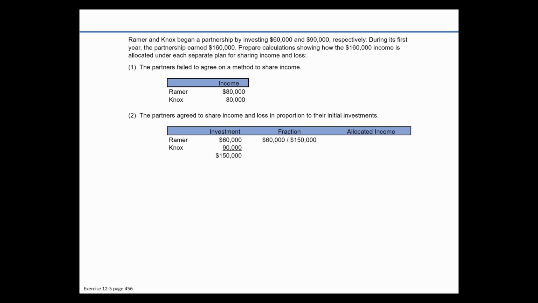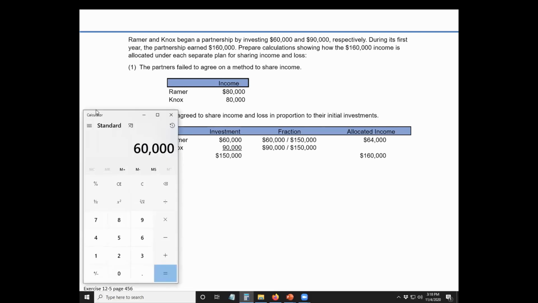So we would take 60,000 divided by the total investment of 150,000. That gives you the fraction, and then for Knox, we get 90,000 divided by 150,000. So if we take 60,000 divided by 150,000, that comes out to 40%.